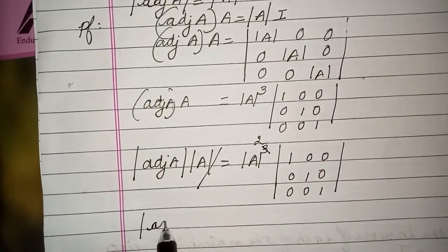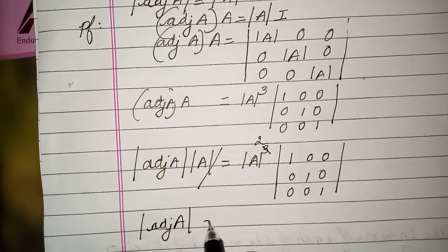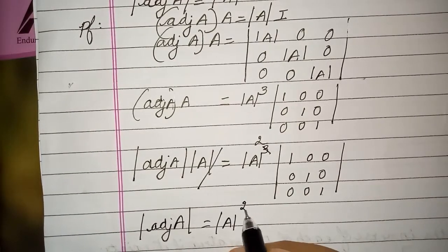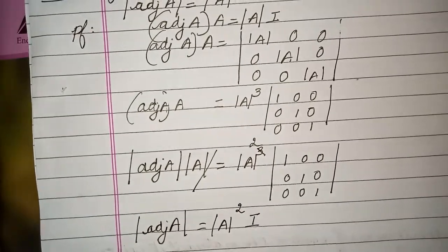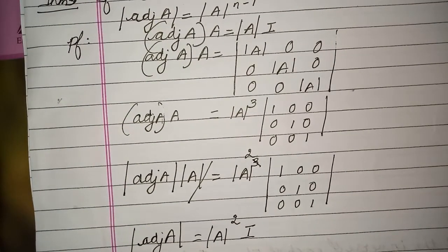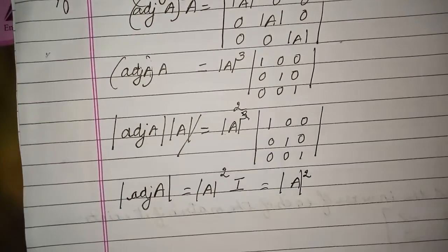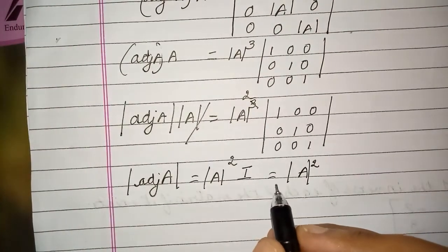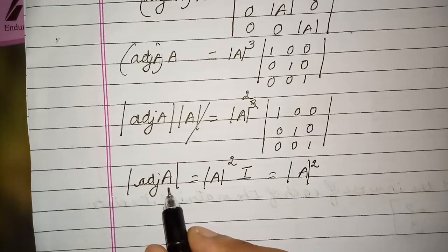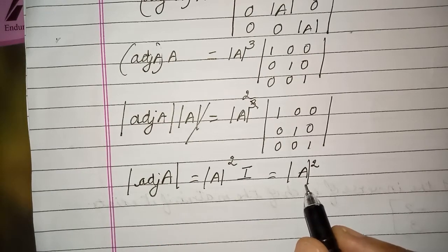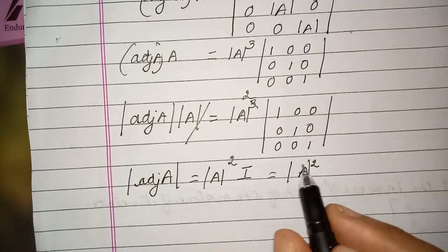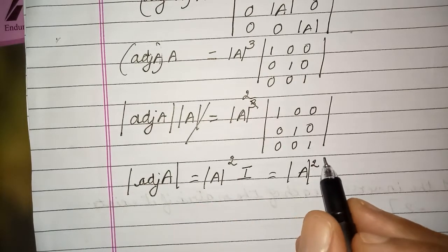So I will get the determinant of adjoint of A is determinant of A square times the determinant of I. Yes. That is nothing but determinant of A square. Yeah. So what does this mean? When I have a 3 cross 3 matrix, the determinant of its adjoint is the same as determinant of A to the power 2, that means 3 minus 1.